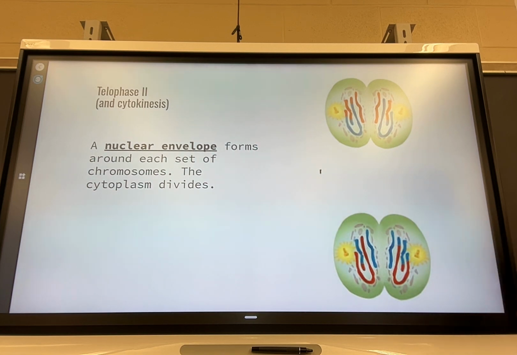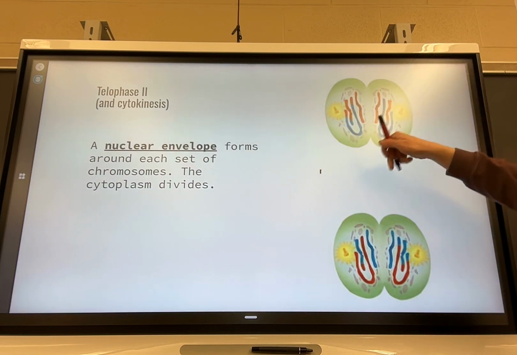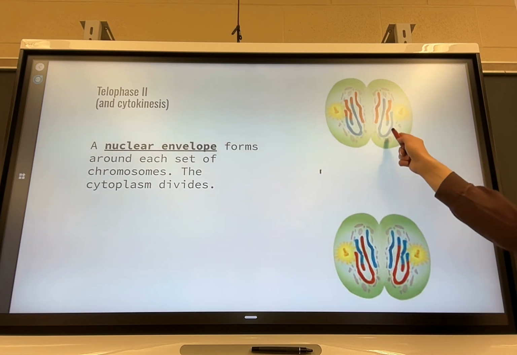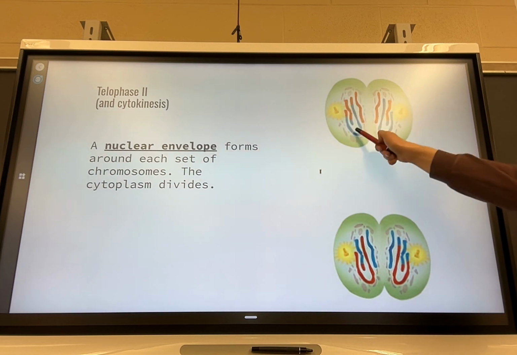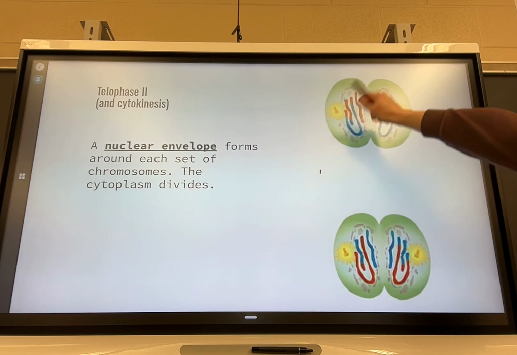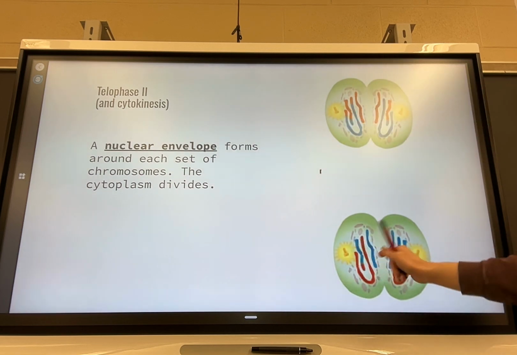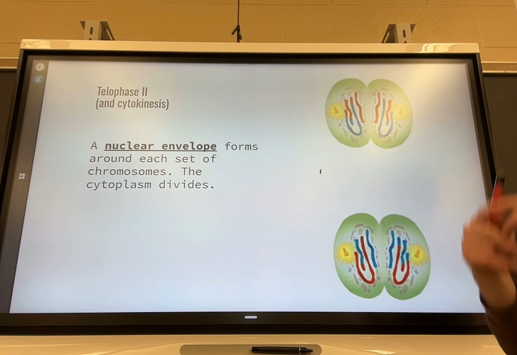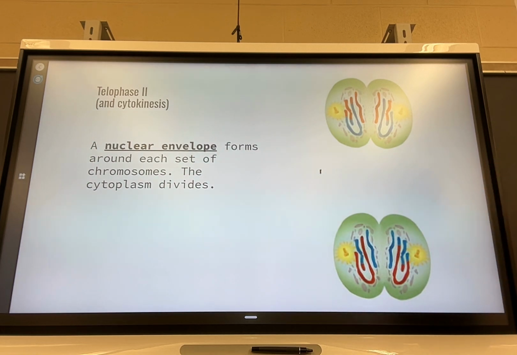And again, all of these cells are haploid at this point. So for example, in these two up here, we have one copy from each parent, or we have 2 copies in each cell. Same thing down here, we have these 2 copies in these 2 cells. So all of our cells now have 23 chromosomes, just in the form of chromatids instead of homologous chromatids.